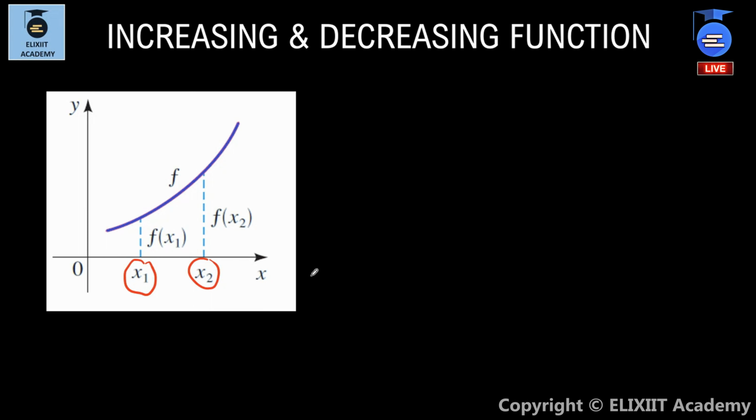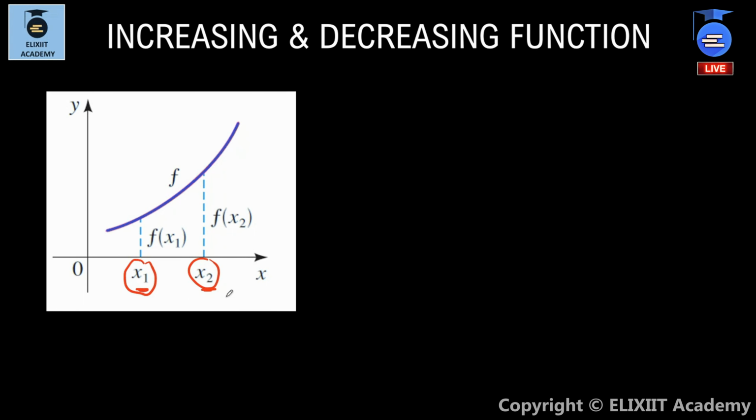So what is the graphical representation of this? What I have considered is the representation of an increasing function. I have considered 2 points, x1 and x2. Here you can see that x1 is less than x2.